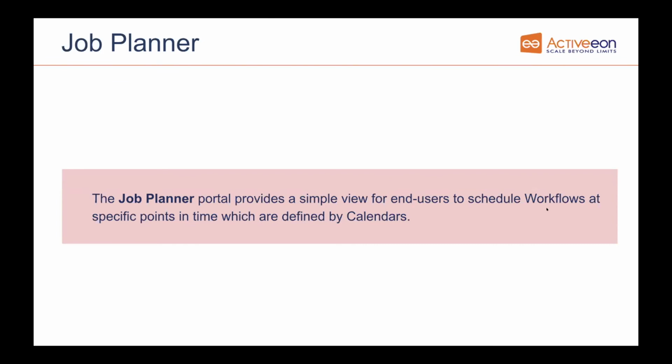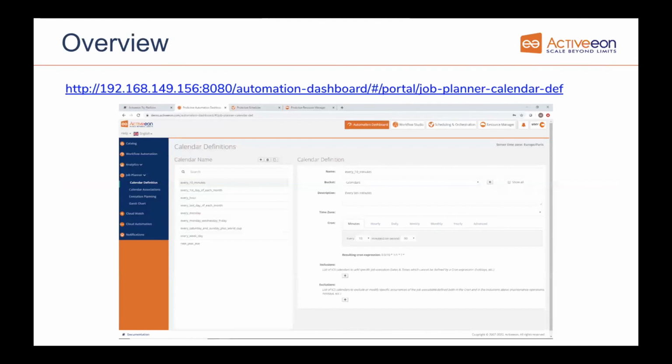So users can plan according to a specific calendar the execution of one or more workflows. So we will show you how we can do that. It's quite simple. First, here's the overview of the portal. Same as always, the automation dashboard and the job planner.